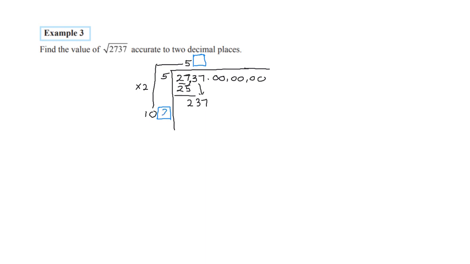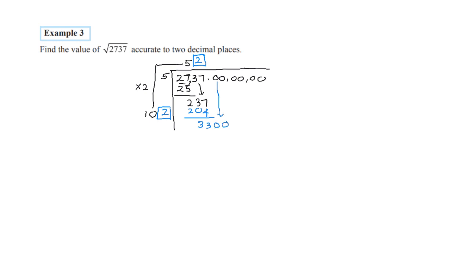If you put 2, let's see, 2 times 2, 4, and 2 times 0, 2 times 1, 2. The remainder is 33. You have to take another pair of zeros down.